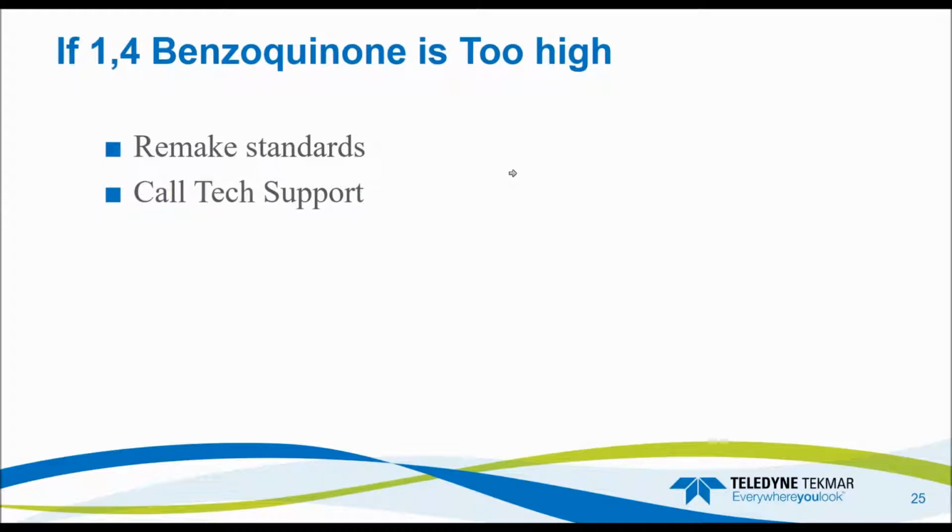Now, if the 1,4-benzoquinone is too high, much higher than the sucrose, there's no real chemical explanation for that. Sometimes it could be as simple as the standard was made wrong. So I suggest remaking the standards and starting again, and calling tech support, because the 1,4-benzoquinone should never come out higher than the sucrose. It can come out the same, or very close, but it shouldn't be dramatically higher than the sucrose, because that wouldn't make any sense, since it's a harder to oxidize compound.